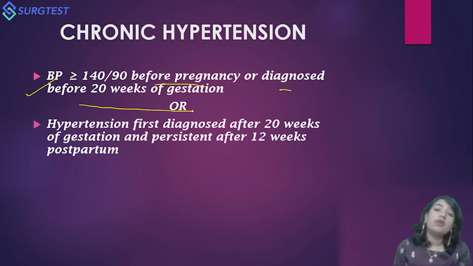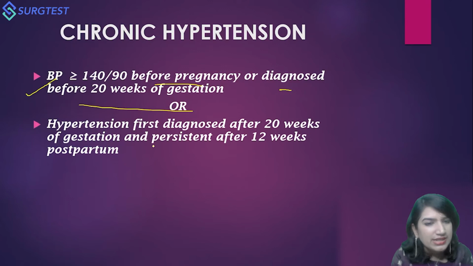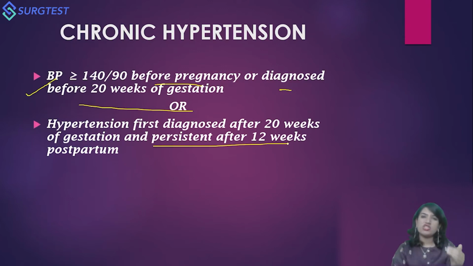Or it can be defined as a hypertension first diagnosed after 20 weeks of gestation and persistent after 12 weeks postpartum. So now you understand why I was stressing so much in gestational hypertension that it's a transient hypertension that resolves within 12 weeks postpartum, and then only you can give the diagnosis of gestational hypertension.